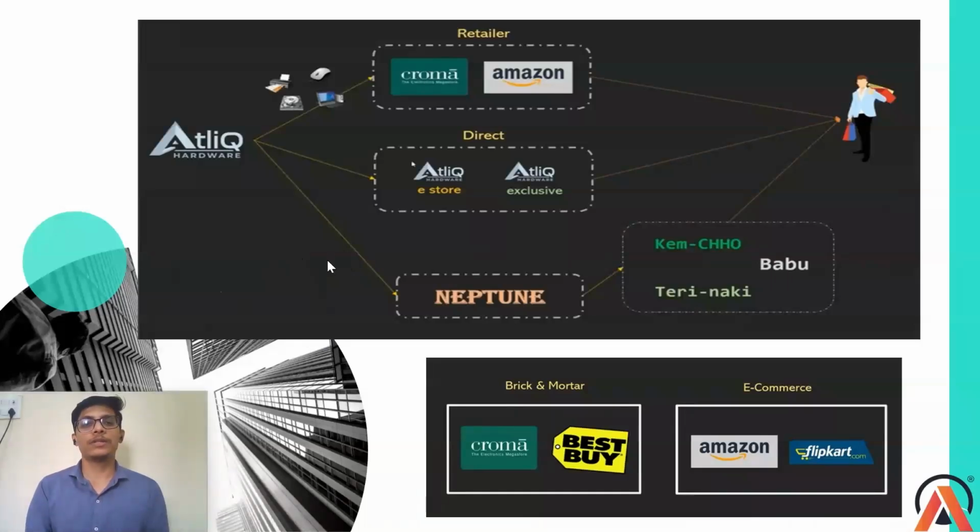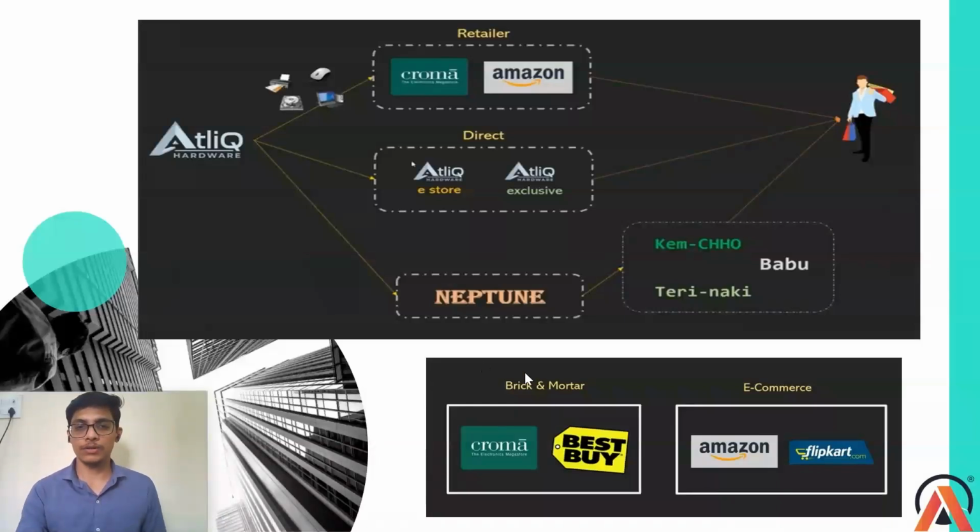In some countries like China and Korea where the retail and direct channels are not available, AtliQ sells their products to distributors called Neptune, who further sell to the consumers with the help of local shops.